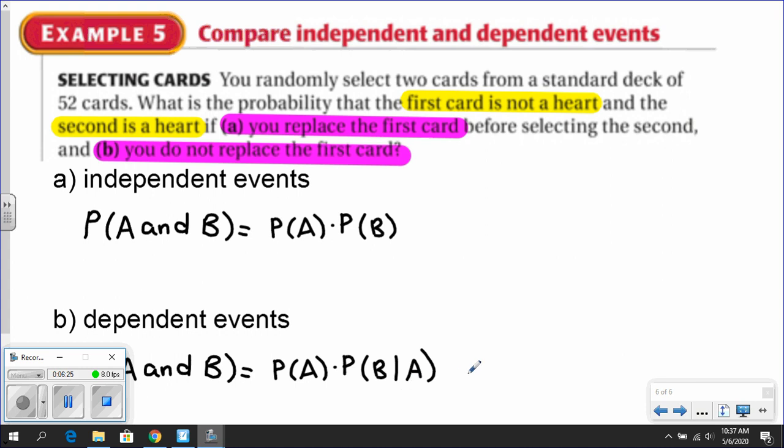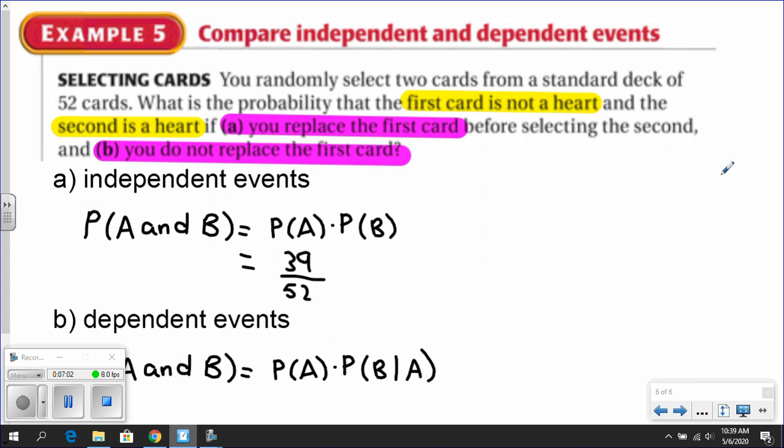If we do replace the card, that means that we're going to have independent events. So all we need to do is find the probability of event A and the probability of event B. So A was the first card is not a heart. So we know in a standard deck there are 13 hearts. So if it's not a heart, 52 minus 13 is going to give us 39 divided by 52.